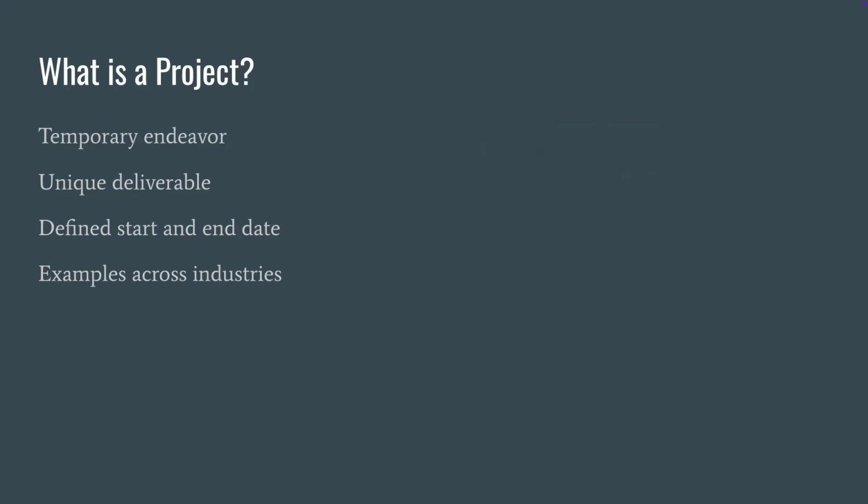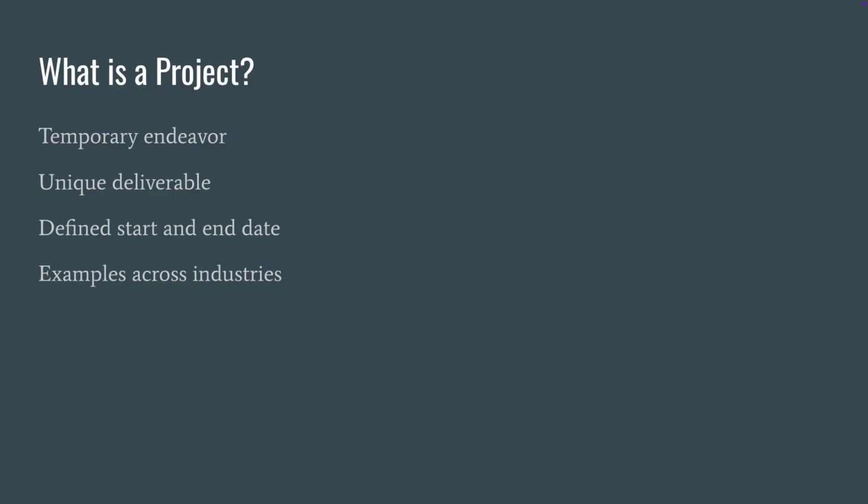It has a life cycle that usually moves from initiation through closure, and a unique deliverable. Each project is expected to produce something new or distinct, whether it's a tangible product, a revised process, or a novel service.